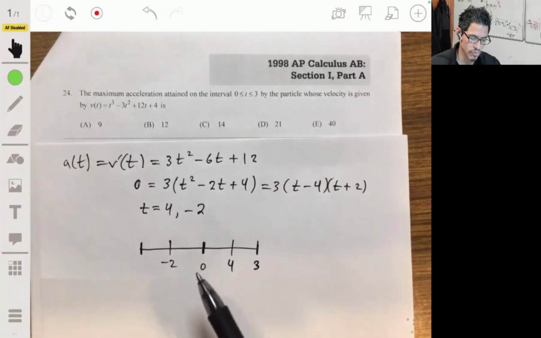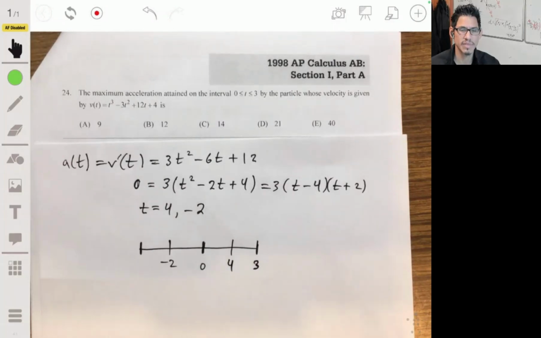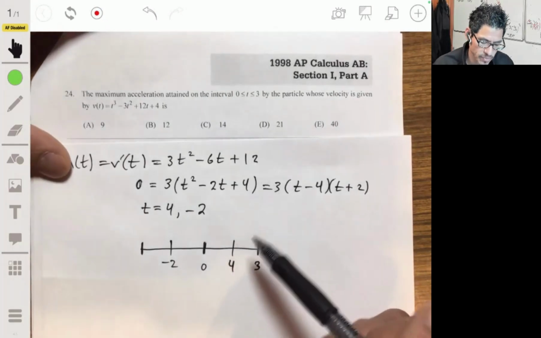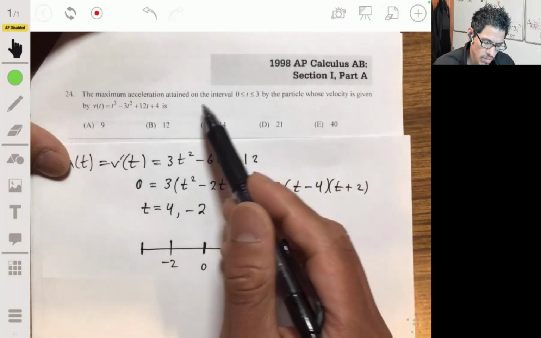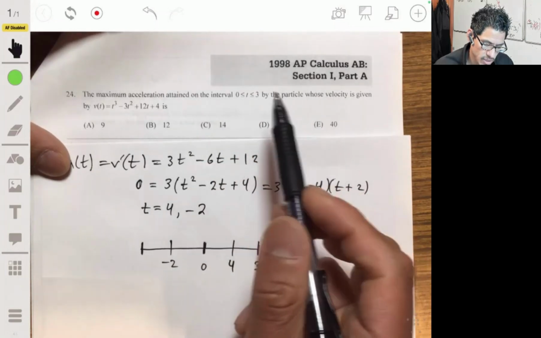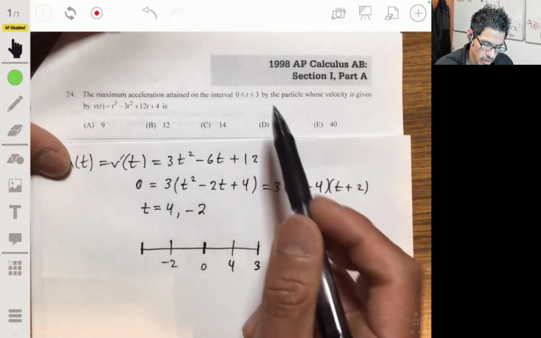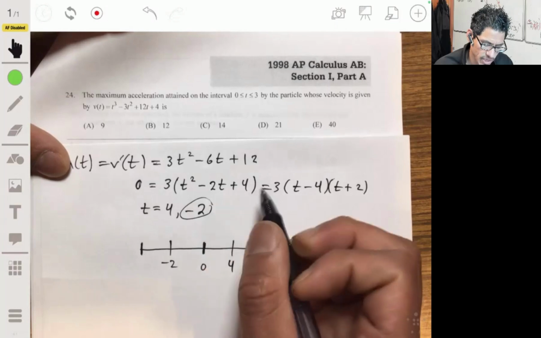You could probably just plug these 4 in. It's probably going to be just as much work as studying between them. Oh wait, we only have to go from 0 to 3, so we don't even need the negative 2.